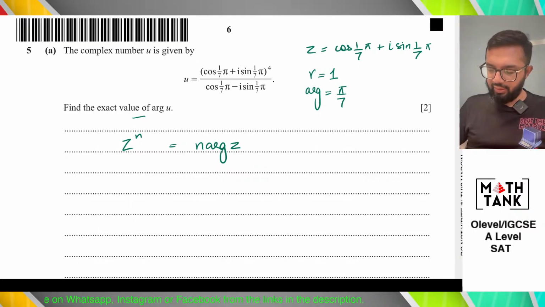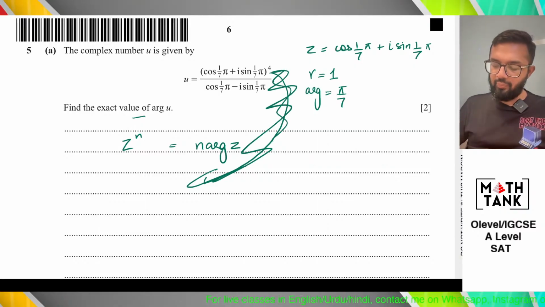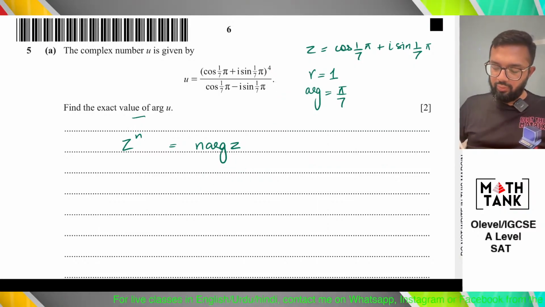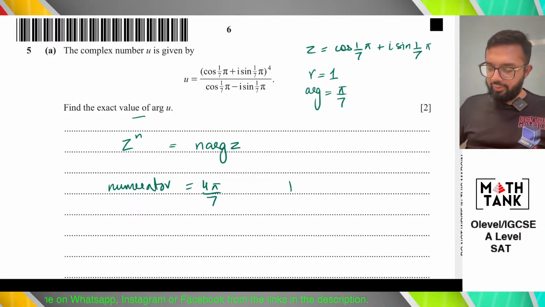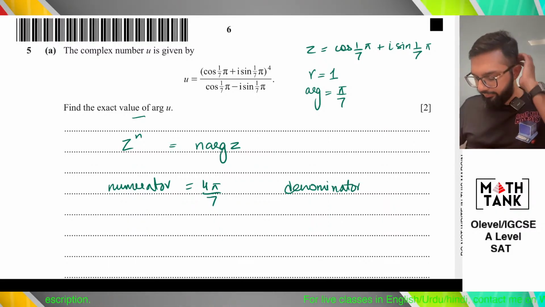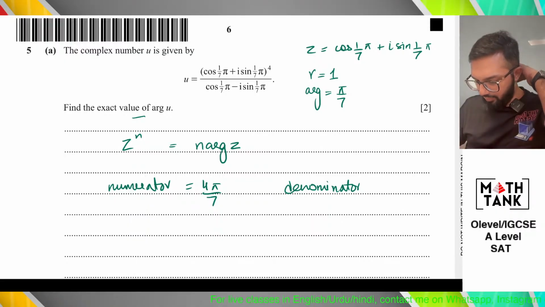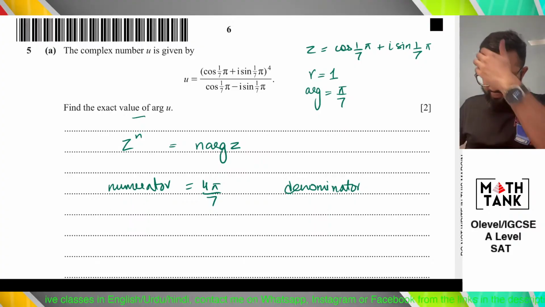So n times theta. The numerator will have the argument 4 times pi over 7. Then the denominator is a little different because of the negative sign.